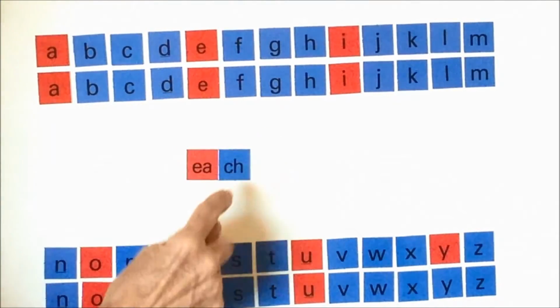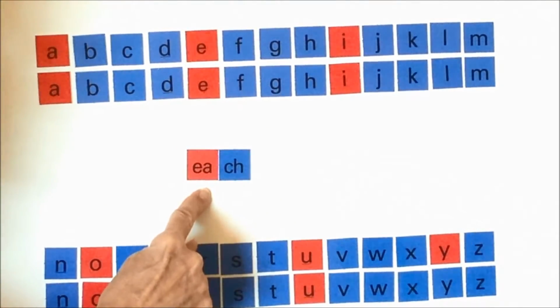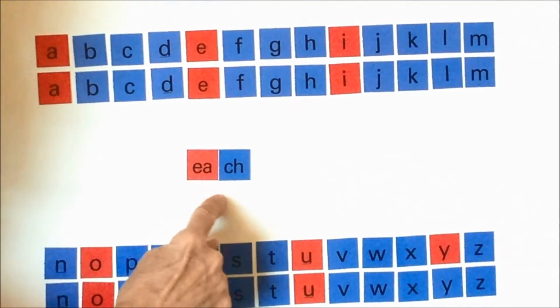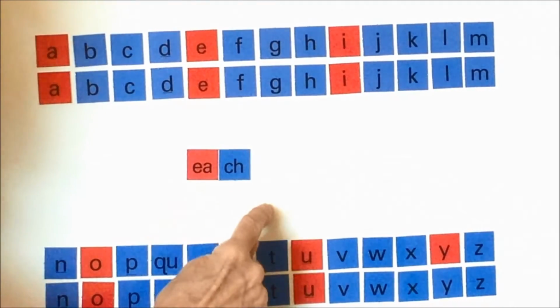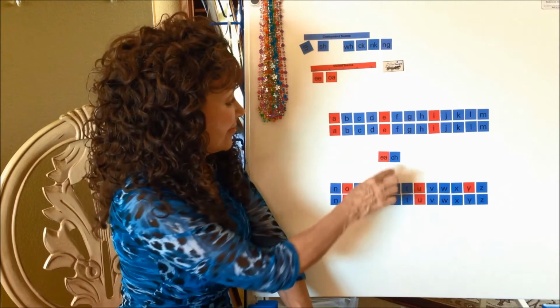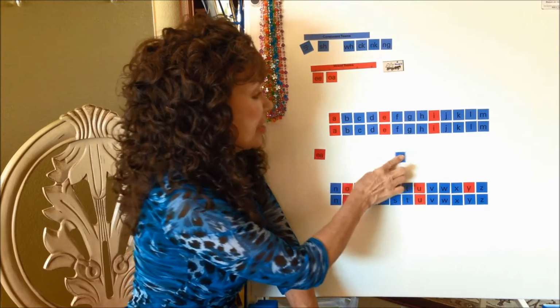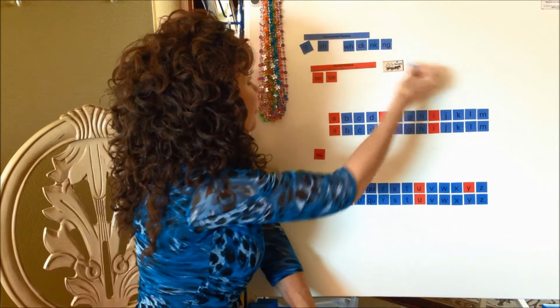Push them together. Let's say it slowly. Each. And now read it fast. Each. Each sound is called a phoneme. All right, let's clean up the CH.